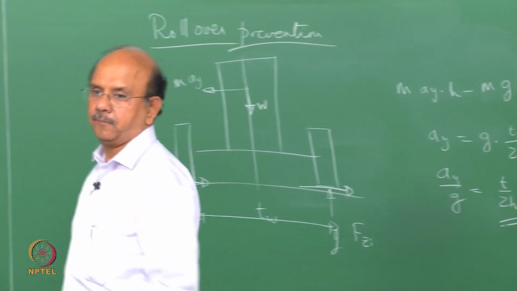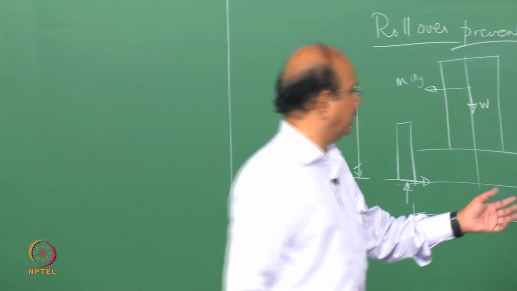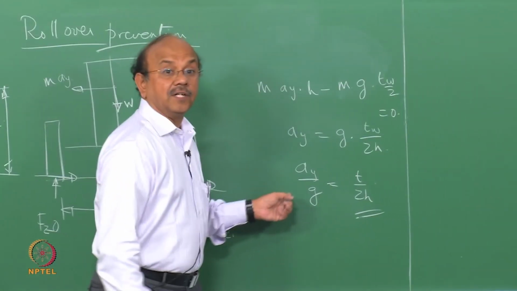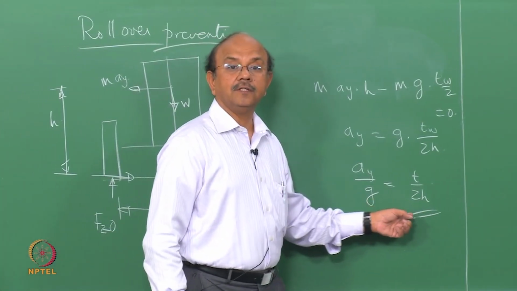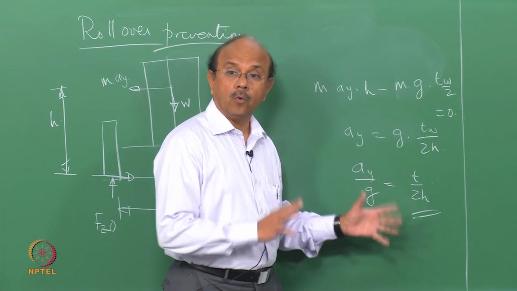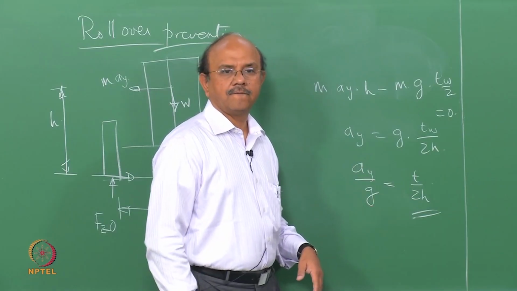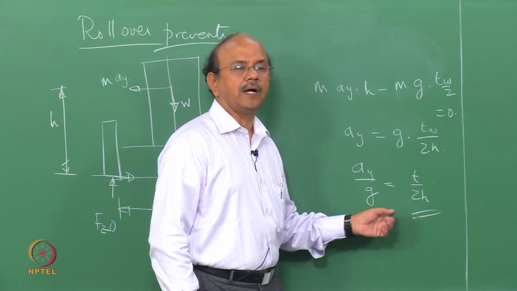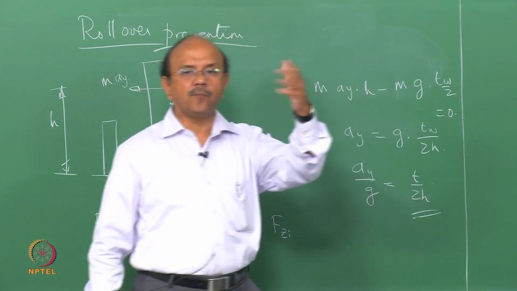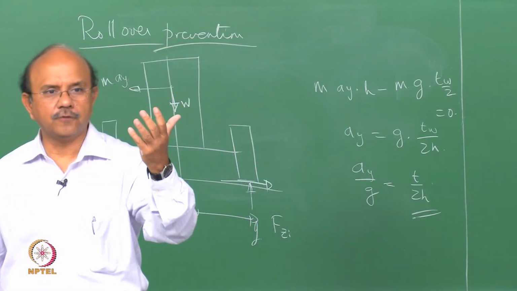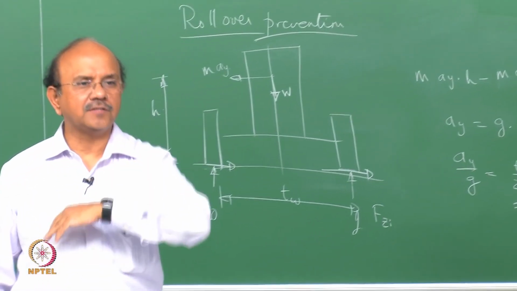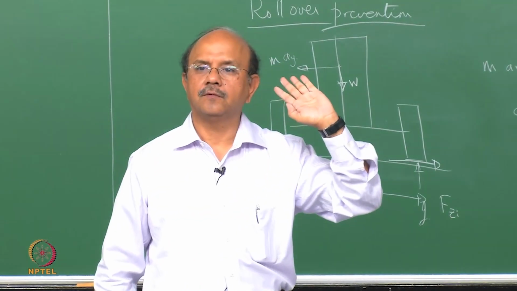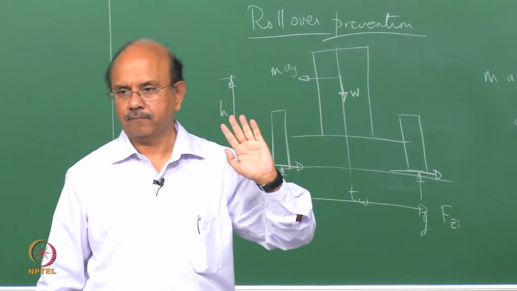So that's the level of lateral acceleration at which this will roll over. A typical car would be about 0.7, 0.8, and if you look at Formula 1 cars, it will be more than 1.5. Very high.